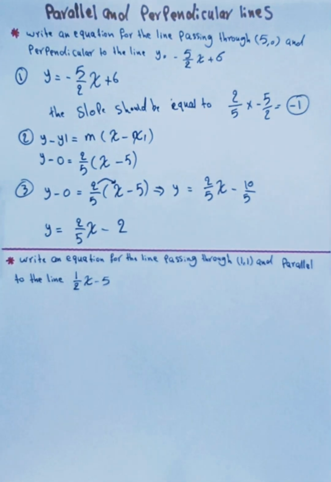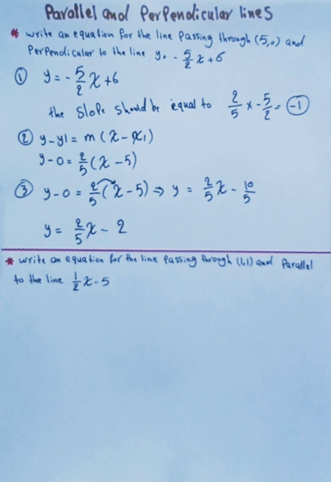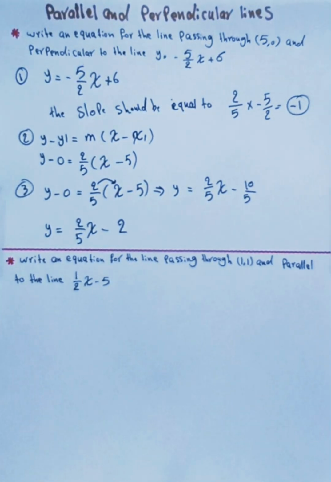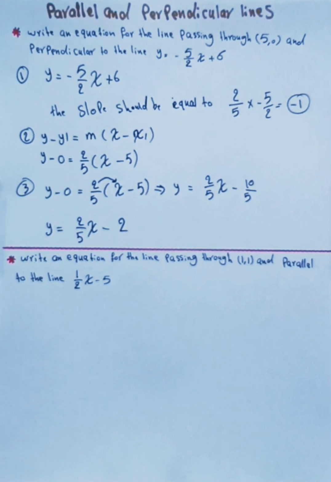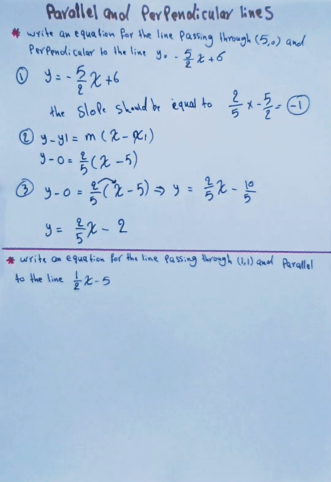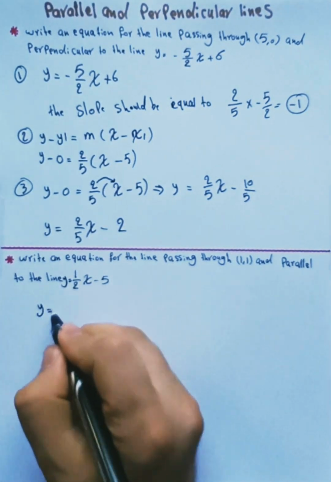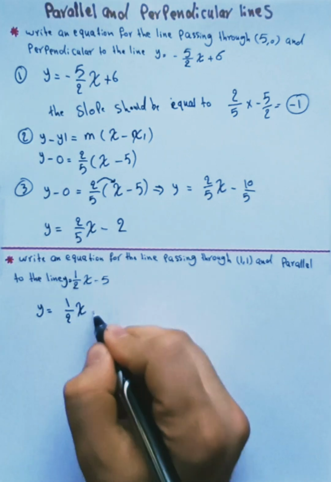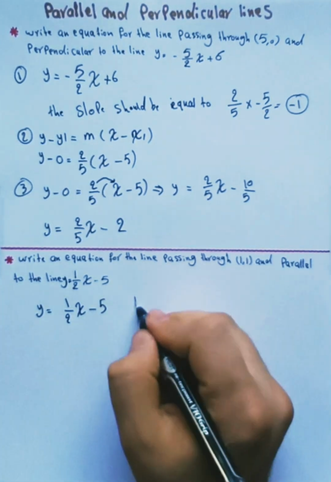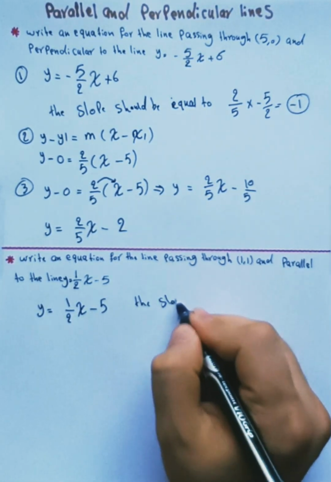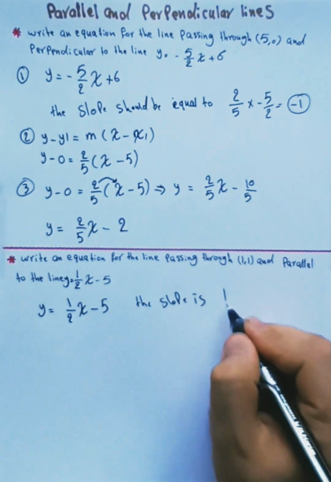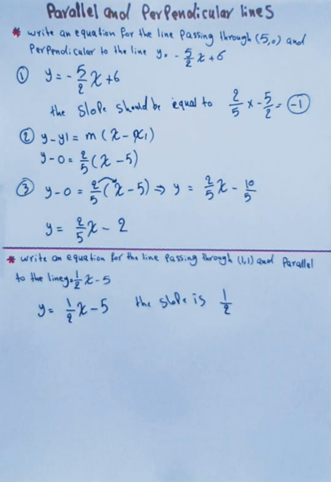The last example, you have to write an equation for the line passing through (1, 1) and parallel to the line y equal to 1 out of 2x minus 5. So first step, we have to find the slope for the line. Our line is y equal to 1 out of 2x minus 5. So the slope is 1 out of 2.